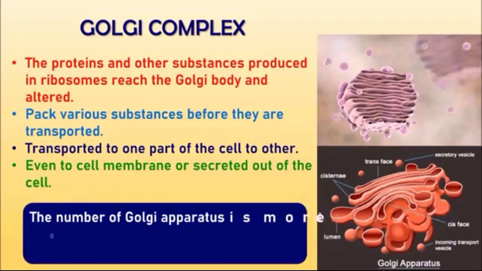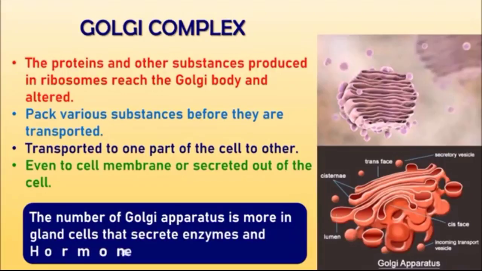So, just think, the number of Golgi apparatus is more in gland cells that secrete enzymes and hormones. Why? Because the Golgi complex packs different types of enzymes and hormones produced inside the cell and released out of the cell as secretion. Hence, they are more in number in gland cells.